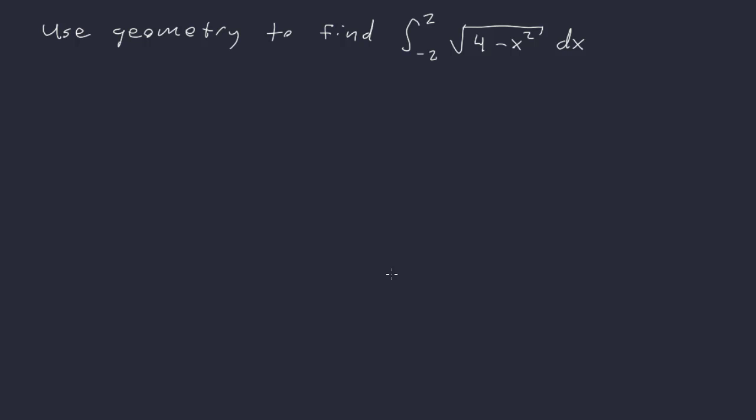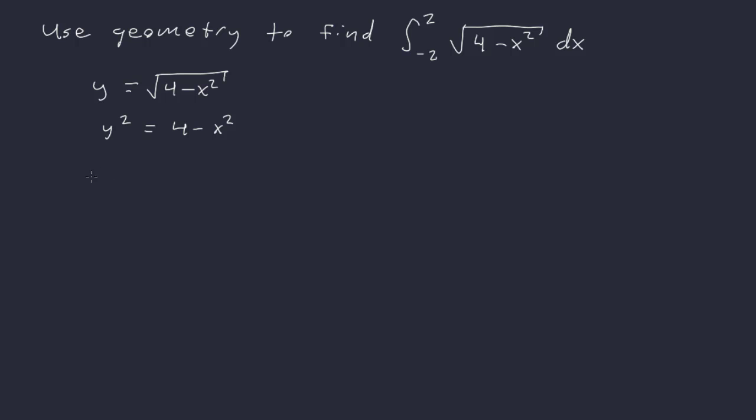All right, so for our next example here, let's use geometry to find the definite integral from -2 to 2 of the square root of 4 minus x squared. Now this one's a little tricky. If you think of y equals the square root of 4 minus x squared, and you square both sides, you'll get y squared is equal to 4 minus x squared.